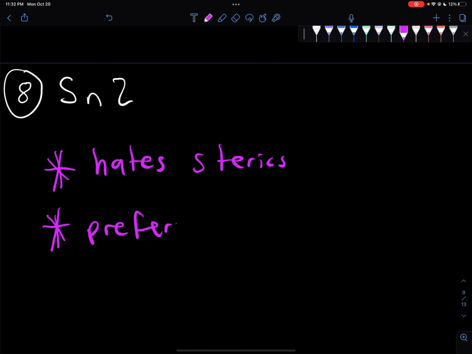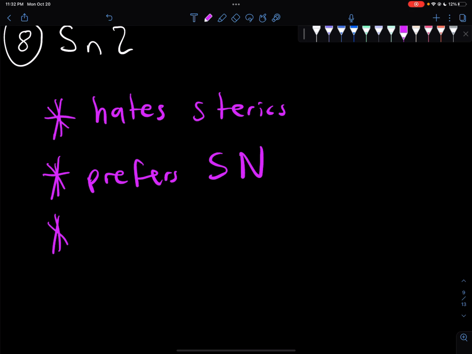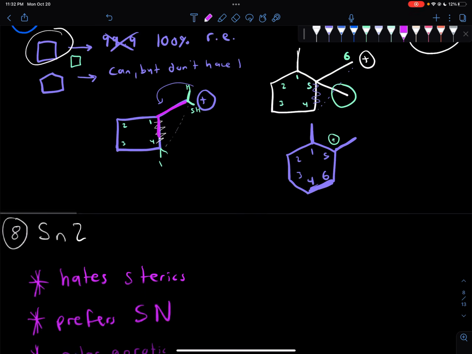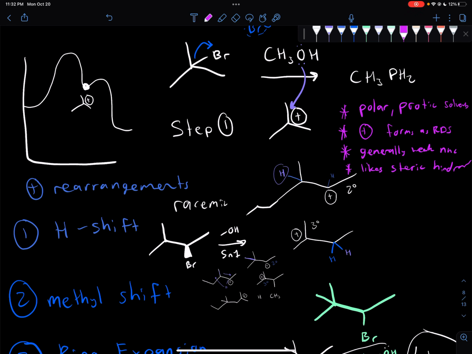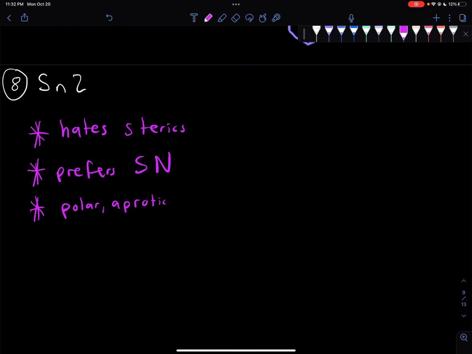It prefers a strong nucleophile, and it prefers polar aprotic solvents. So for SN1, it's polar protic. For SN2, it's polar aprotic. Keep in mind, you can use polar protic in SN2, and you can use polar aprotic in SN1. It's just in terms of favorability, it's better to have it as we described.